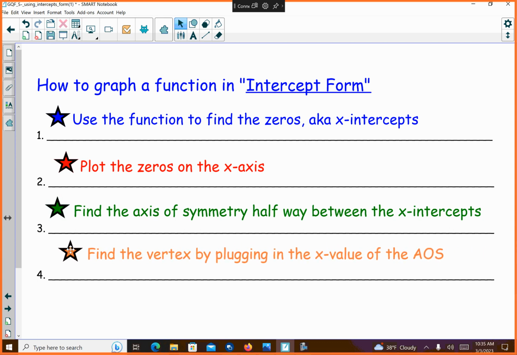Find the vertex by plugging the x value of the axis of symmetry into the original equation. I'll give you time to write those down. I would make sure you write these down, even if you don't have a book.